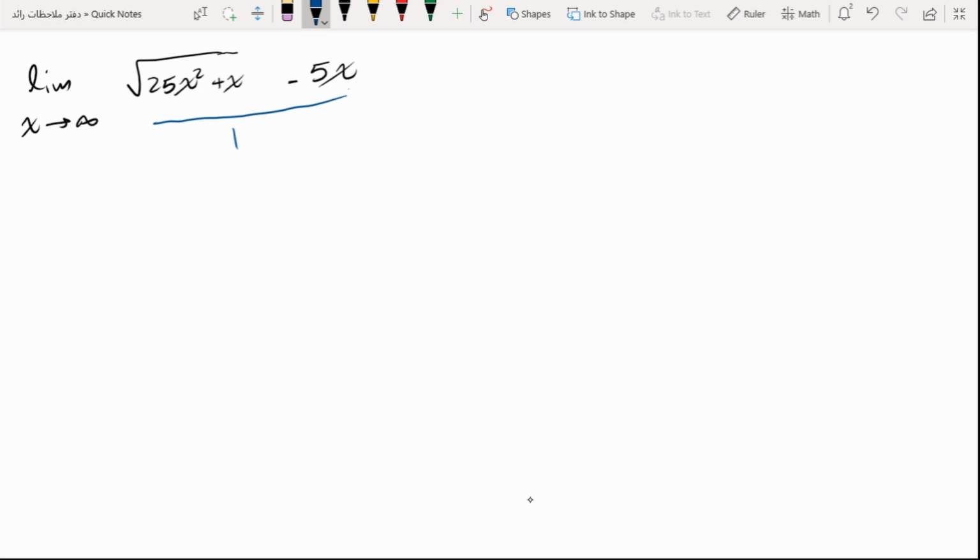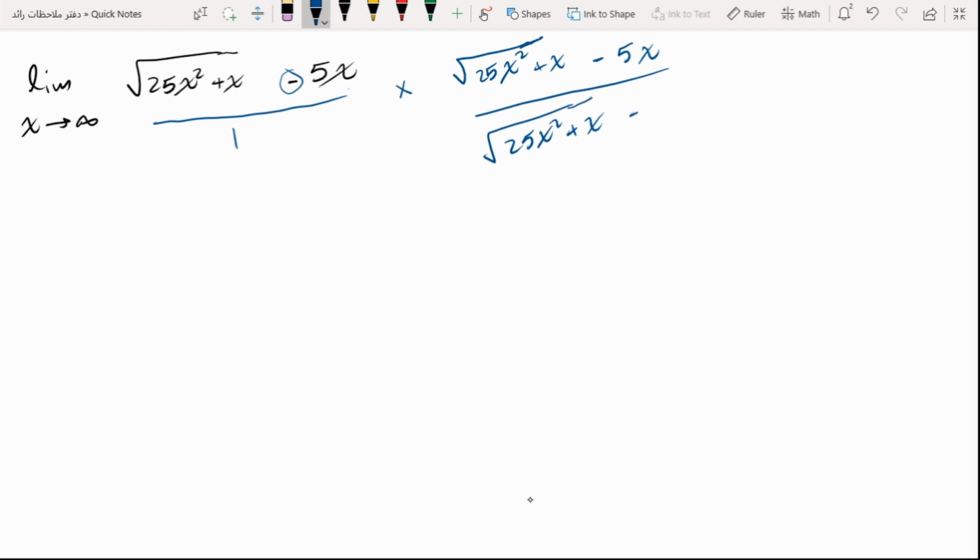So the solution is, look, any expression without a denominator, its denominator will be 1. So multiply up and down by the conjugate. I will write the same expression, but I will change this sign: radical 25x to the power of 2 plus x, minus 5x, over radical 25x to the power of 2 plus x plus 5x.